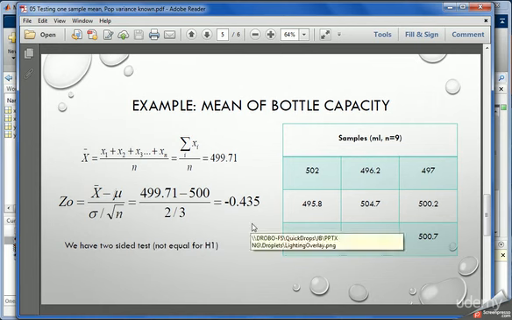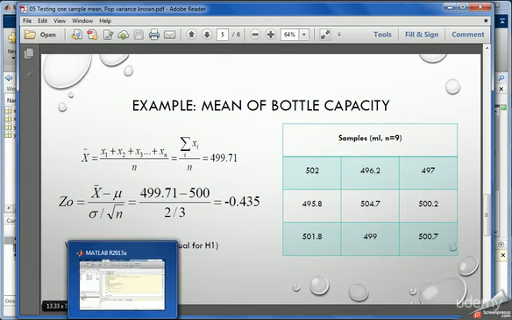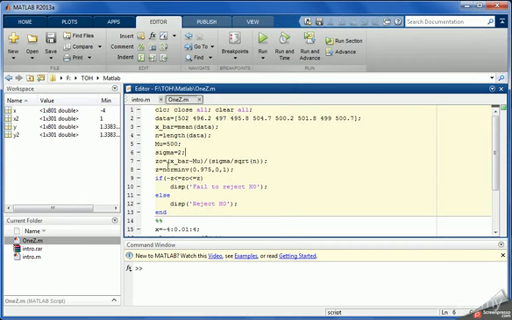Now so we can calculate the Z0. After that we use this value to test our hypothesis. So we go back to Matlab. So Z0 is just only X bar minus mu. We divide by sigma over square root of n. N is number of samples.